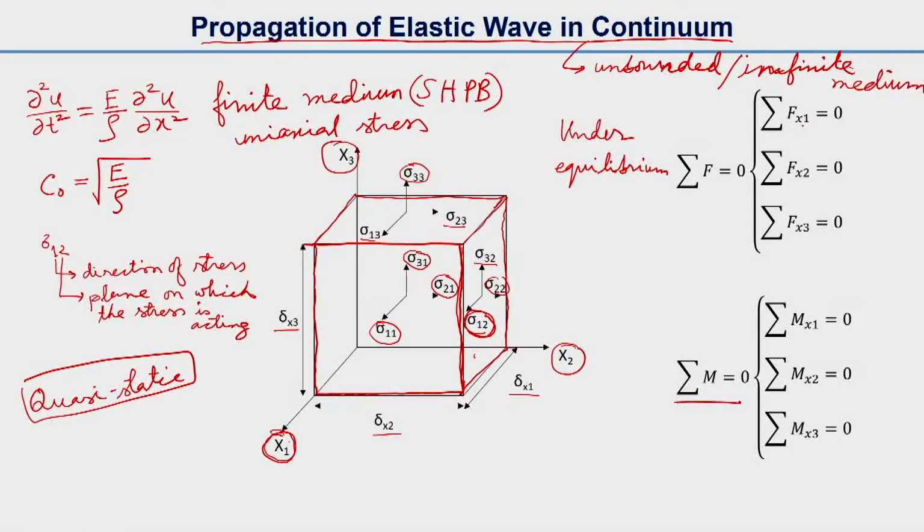These x1, x2 and x3 are, as you can see, three different coordinate axis directions. And these planes in the unit cube are taken as normal to the coordinate axes x1, x2 and x3.